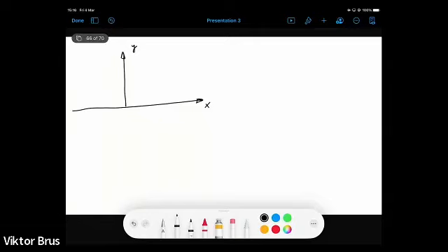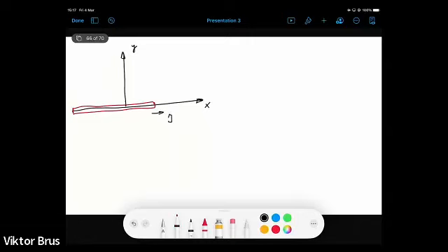Let us assume that we have a conductor with some current I flowing through it in the direction along axis x.